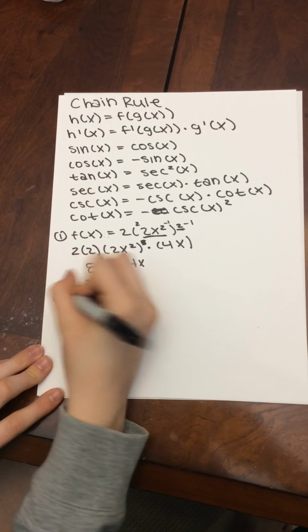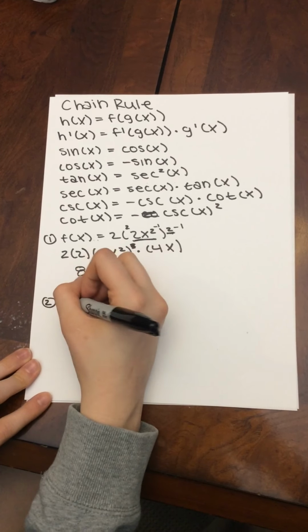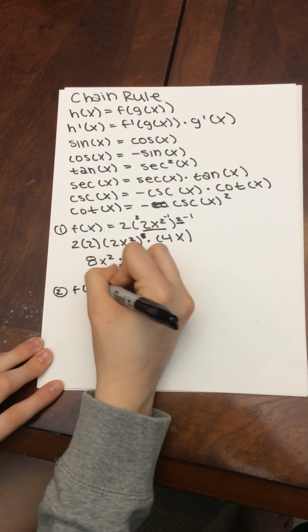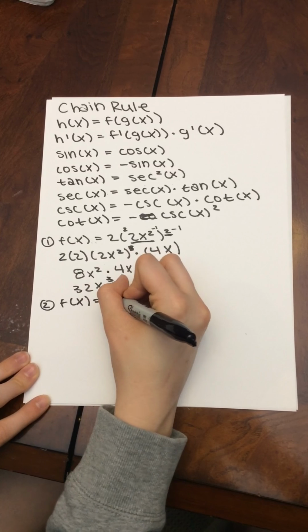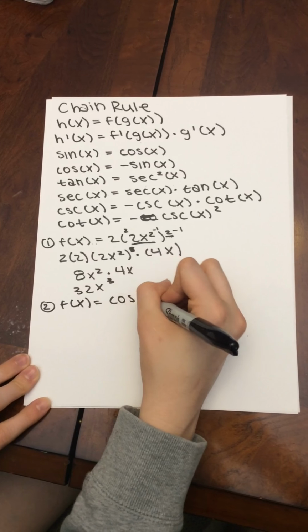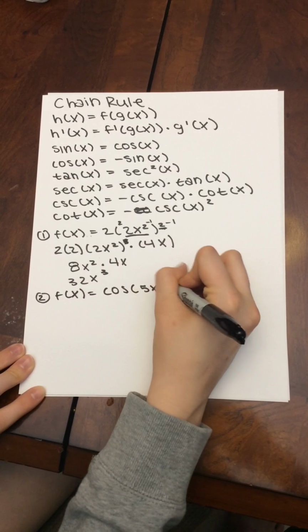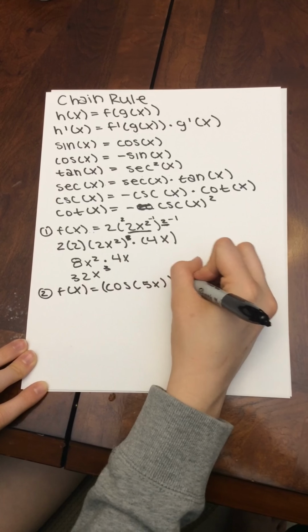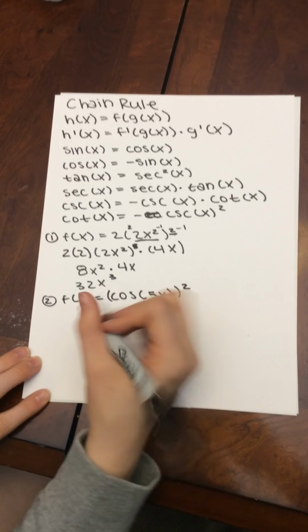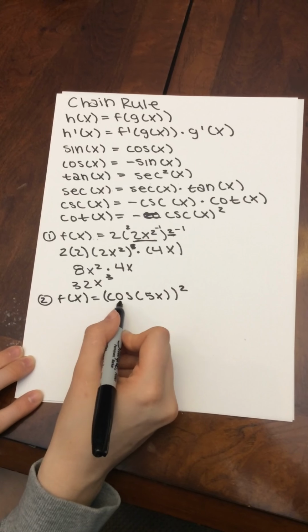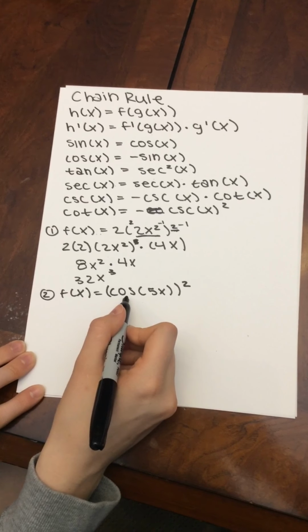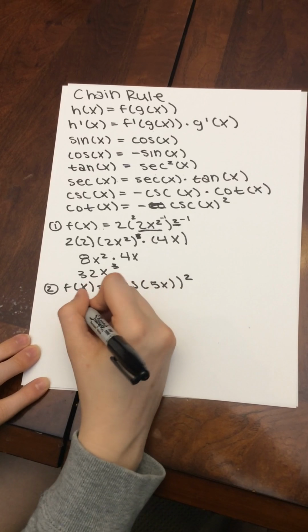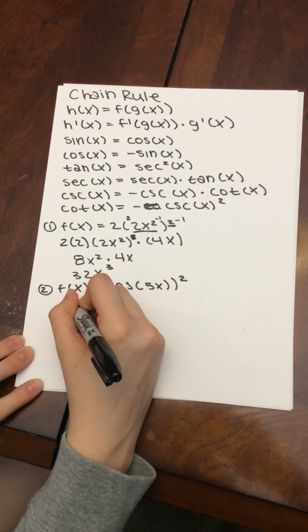So for our second example, we have f(x) = cosine of 5x, and all of this to the power of 2. So what you're going to do is keep this cosine of 5x. This is going to stay.